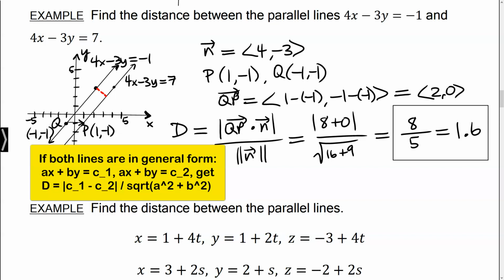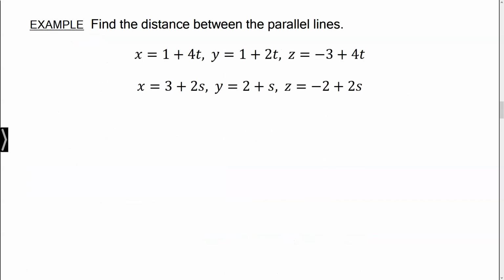Okay, what about parallel lines in R3? So first of all, let's check to make sure that they really are parallel. So let's look at the direction vectors. Let's say this is L1, and let's say this is L2. Then the direction vector of the first line is (4, 2, 4).